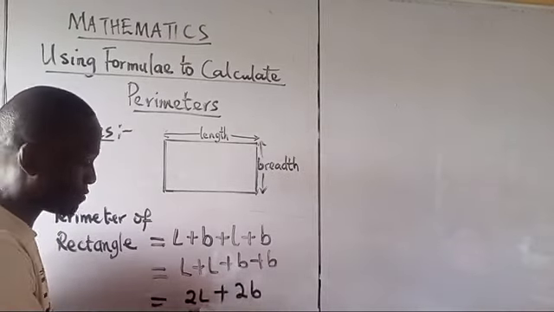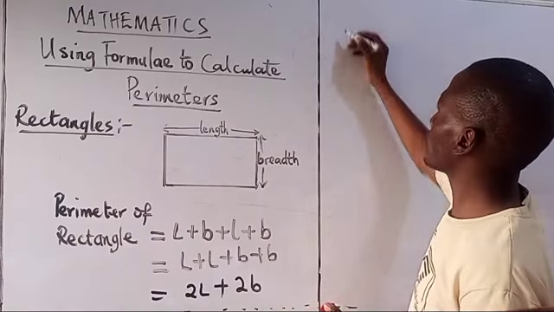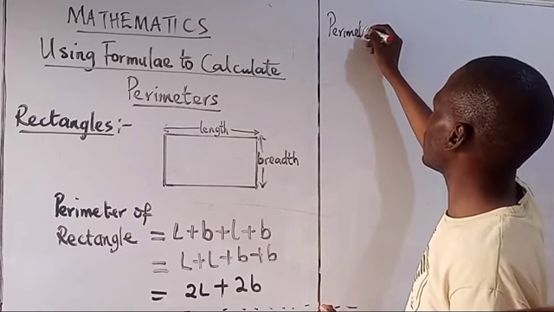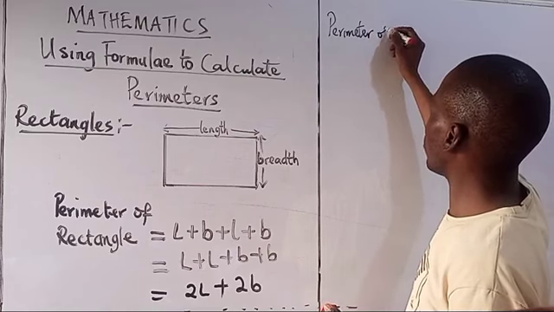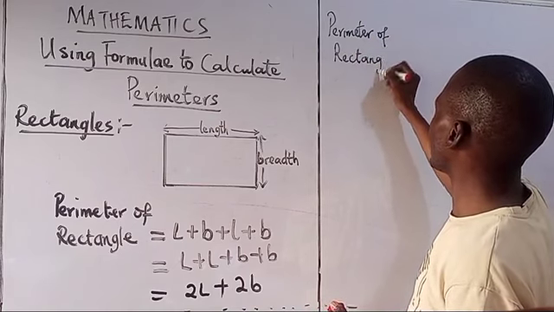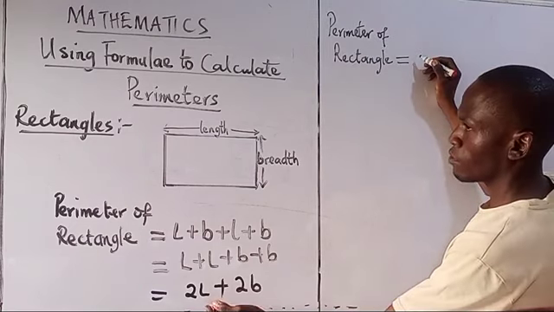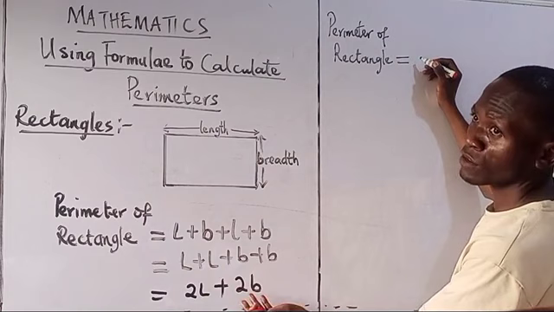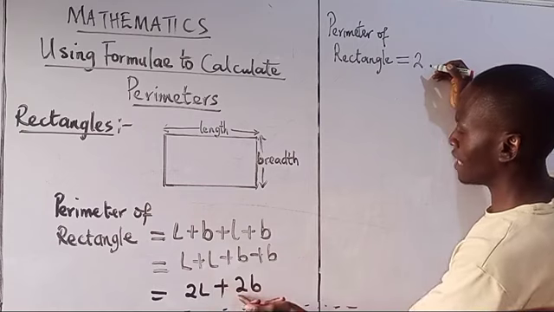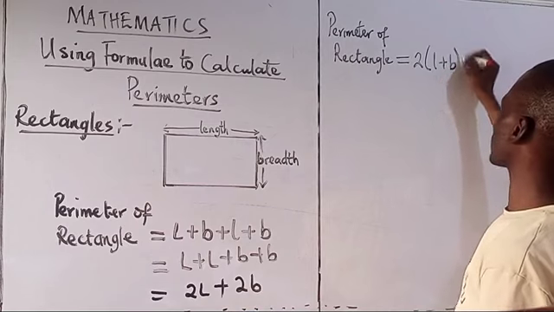So by determining the factors here, we can write this and say the perimeter of rectangle equals, when we factorize, we look at what is common from both sides and know that 2 is common between 2L and 2B. So 2 open bracket L plus B.